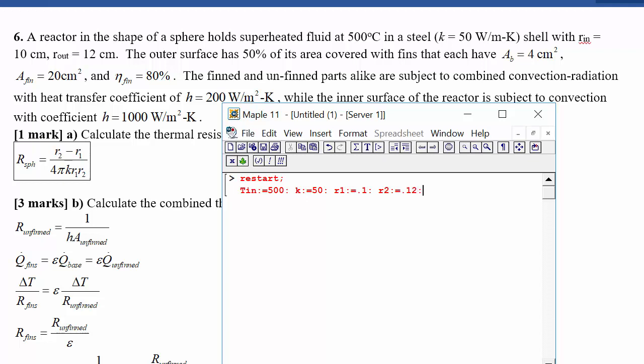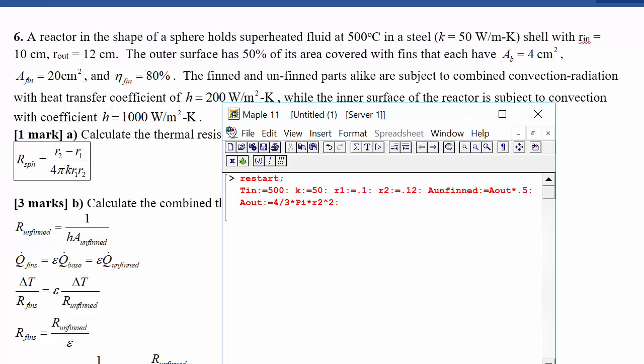R2 is 0.12. We've got that the outer surface is 50% of the area. So maybe we'll say A unfinned is equal to A out times 0.5. We could figure out what A out is using the area formula for a sphere, so 4 over 3 times pi times R2 squared.